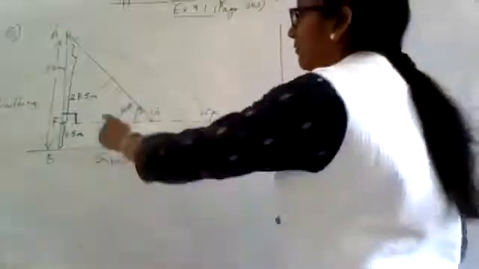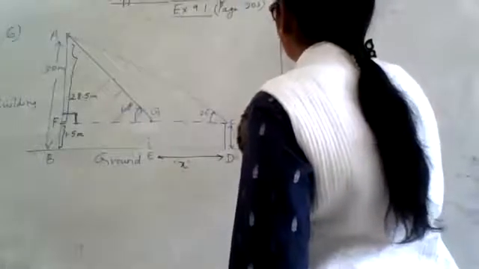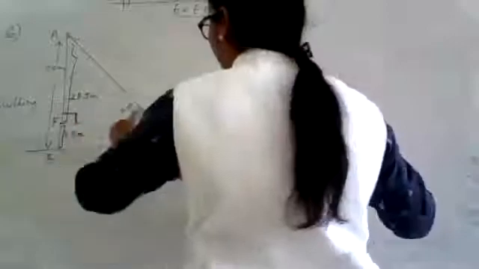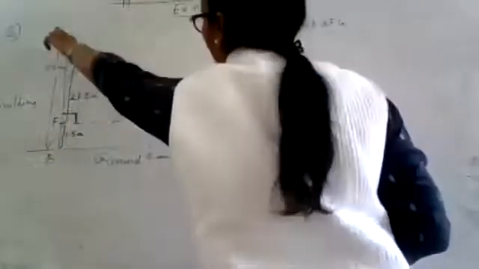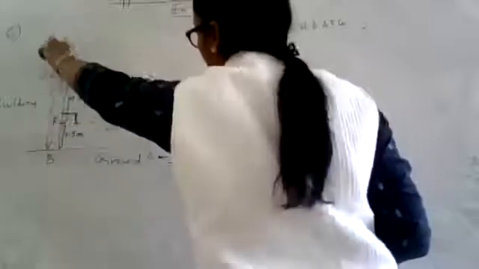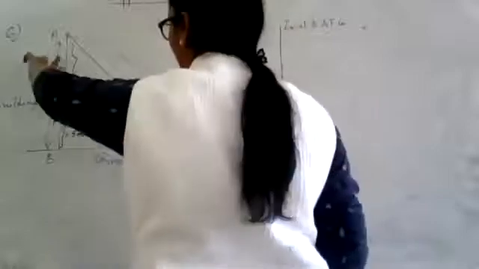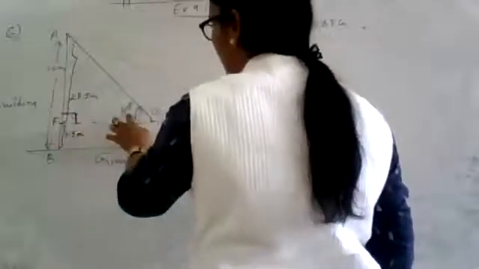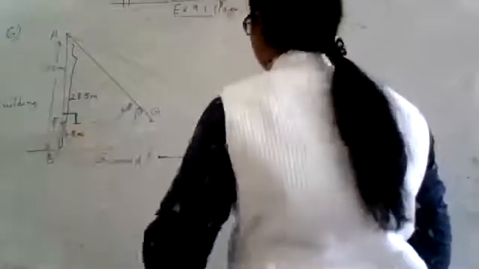Now, first the right triangle, the smaller one, the shaded one, AFG. The known is this side AF, and what I want is FG. With respect to 60 degrees, AF is the opposite side and FG is the adjacent side.